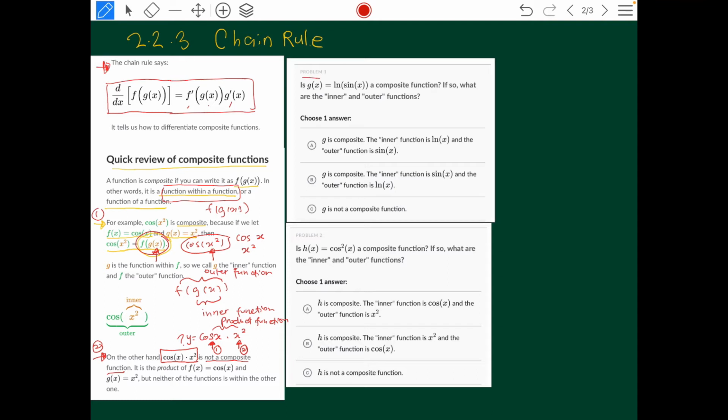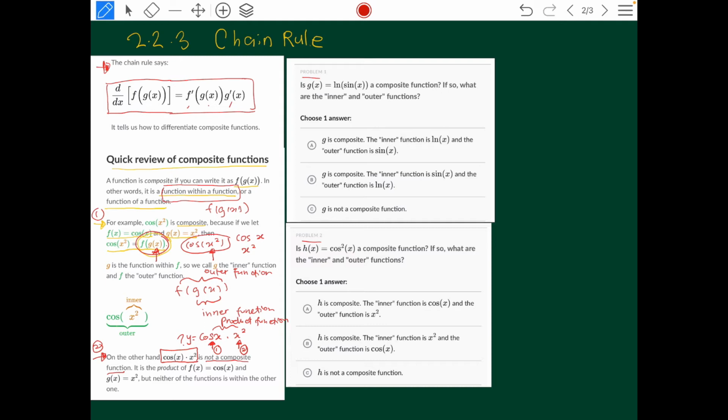Problem 1 and problem 2 are to train you to identify which one is a composite function, and also to identify if a function is a product function.